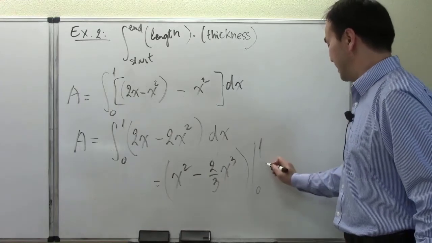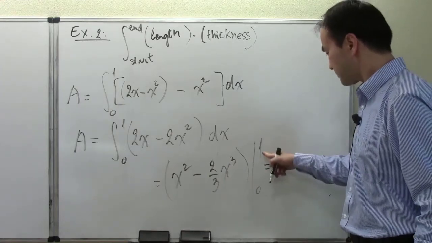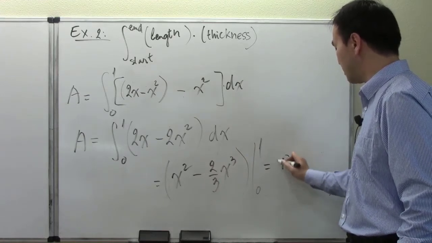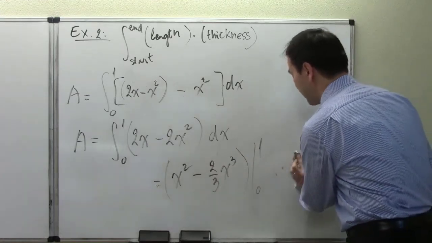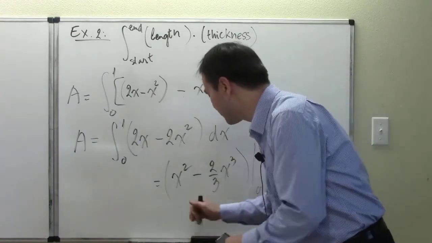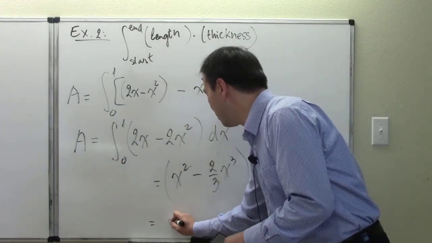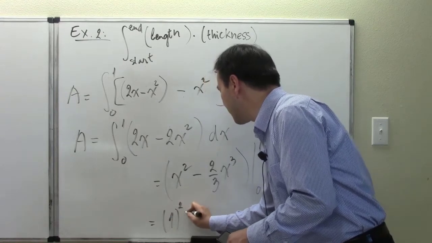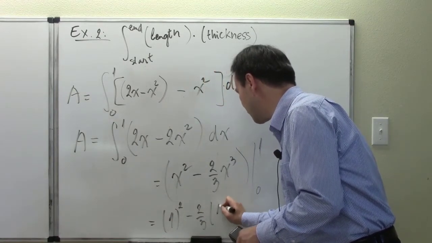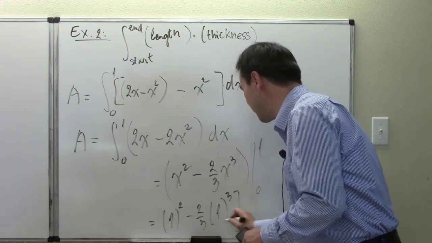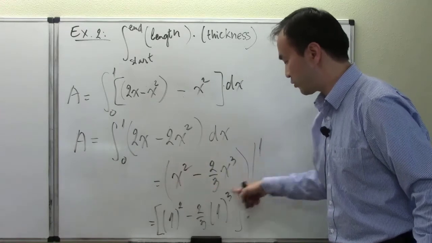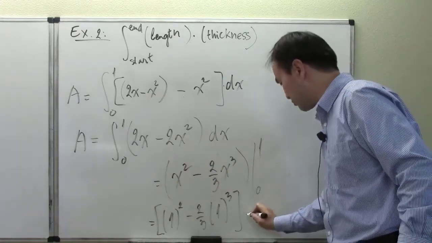So 1 substituted into each term here, we're looking at 1 squared, or maybe let me write it in the next line right here: 1 squared minus 2/3 times 1 cubed. This is the antiderivative at x equals 1, and we're going to subtract again.